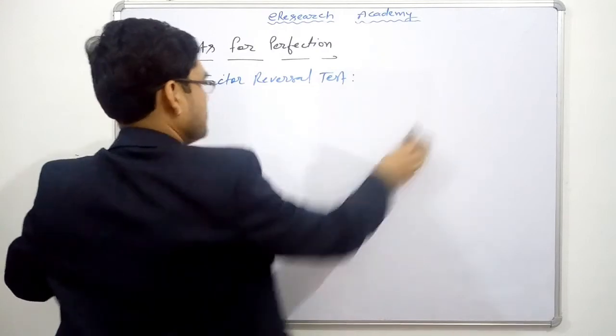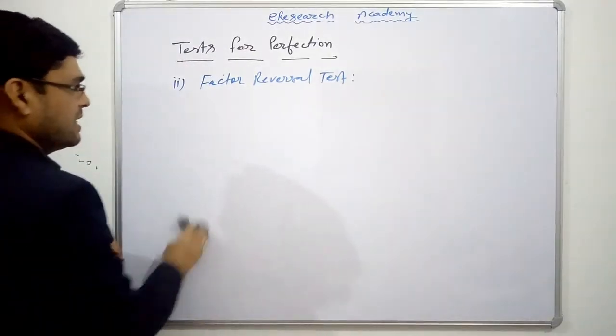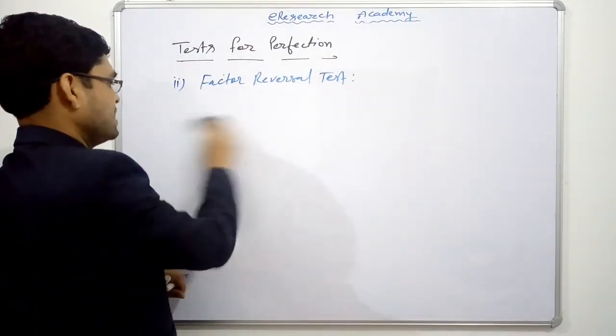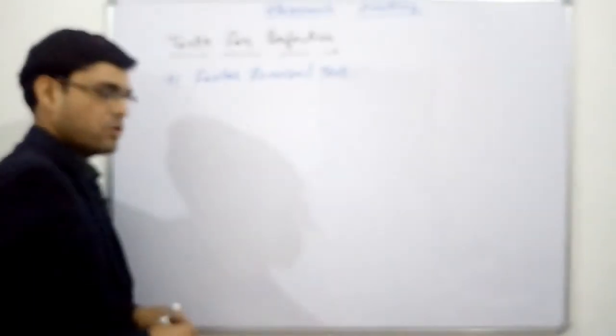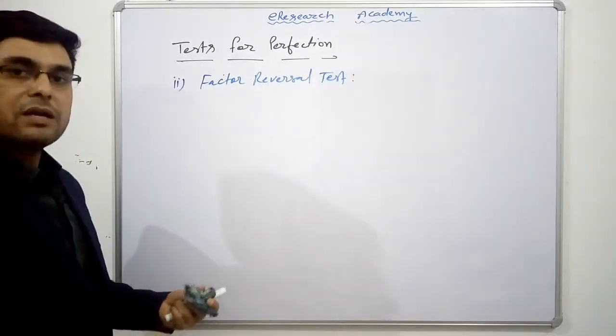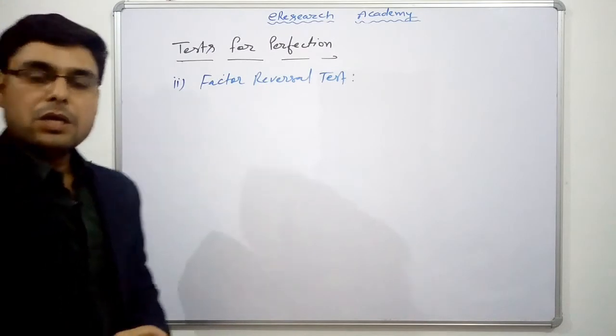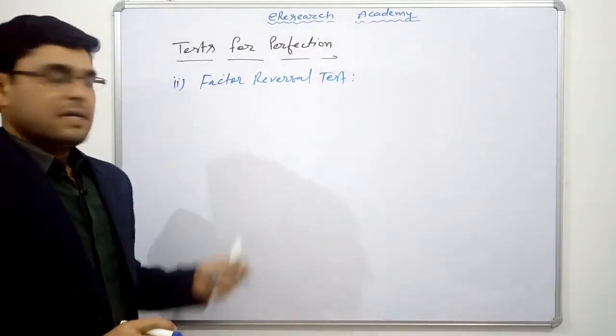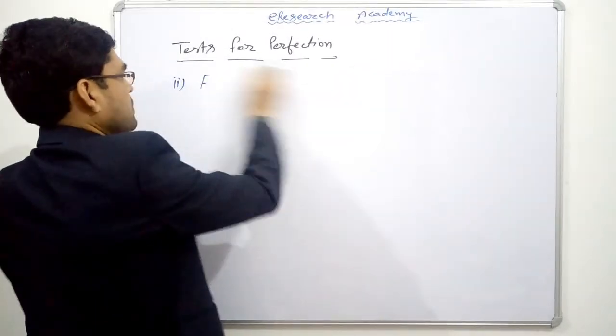If there is a comparison for more than two years, then the problem arises whether the test or method is appropriate or not. So this is circular test, number three.